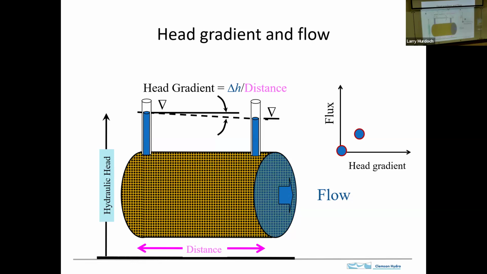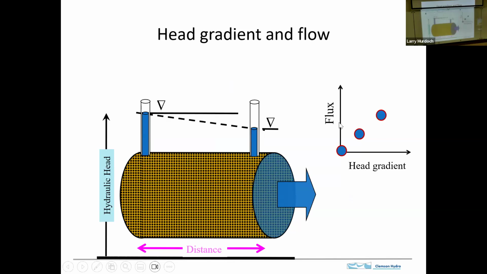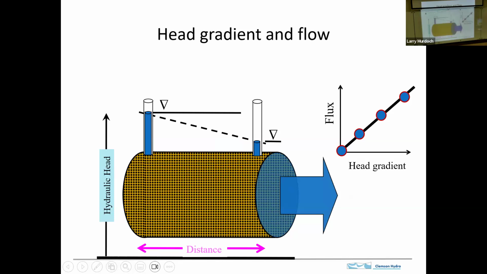Okay, so we turn it up and increase the flux, and that's going to cause this head to drop relative to that head. So this distance stays the same, the head drop increases, so the gradient increases along with the flux. And we do that again, and we get a plot that looks like that.